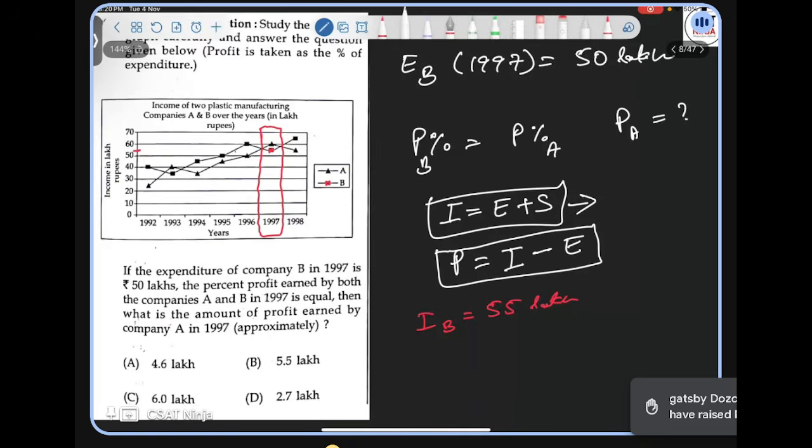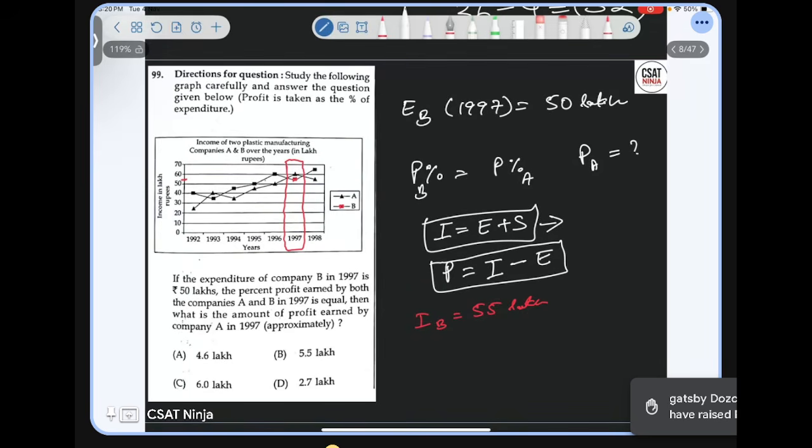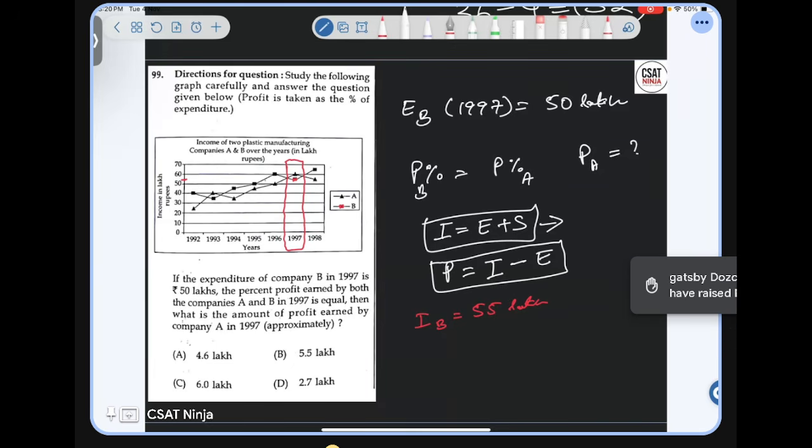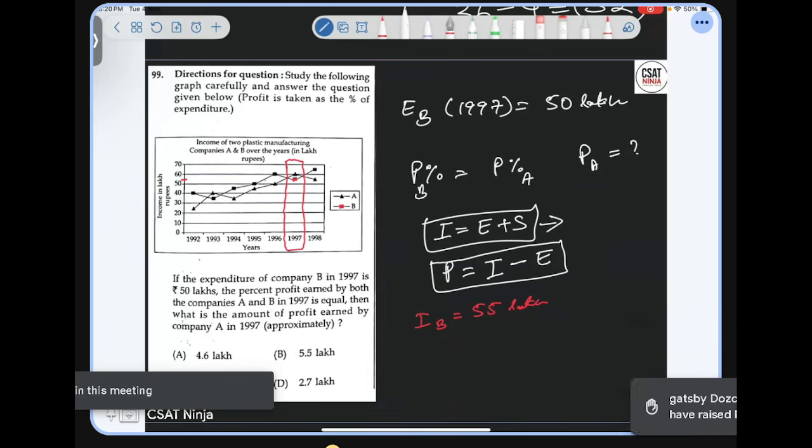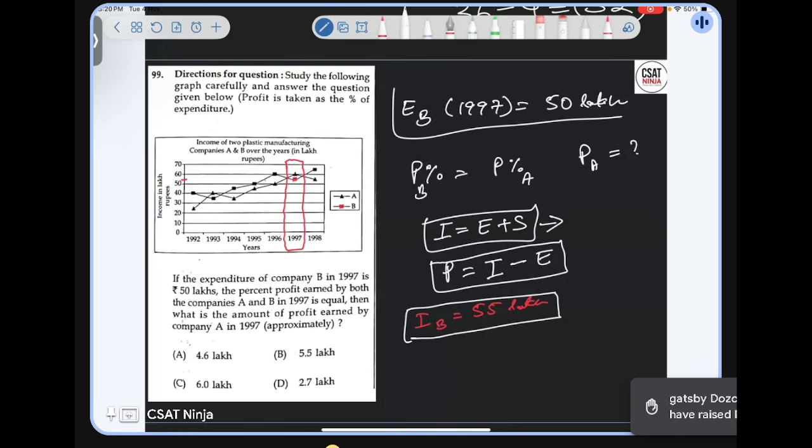Why? Because I know the expenditure. I know the income. Okay, I'll be providing the PDF. So if I know income and expenditure, I can easily know my profit, because profit is nothing but income minus expenditure.